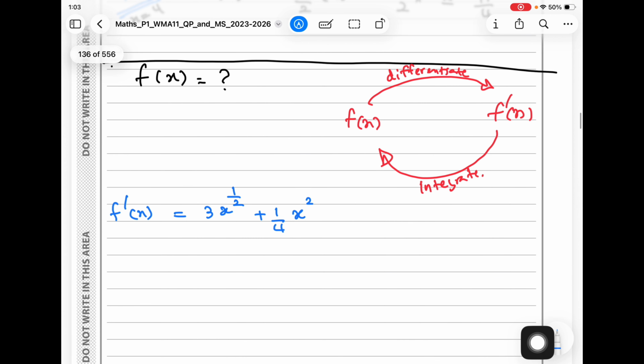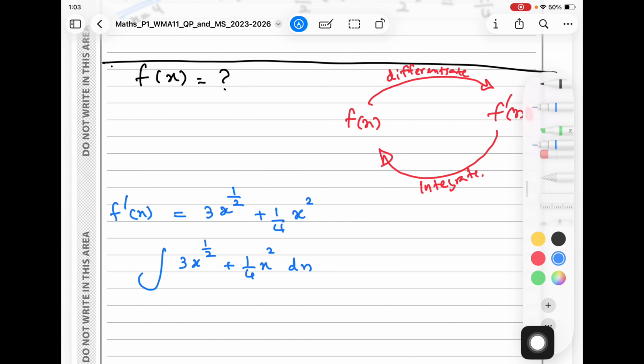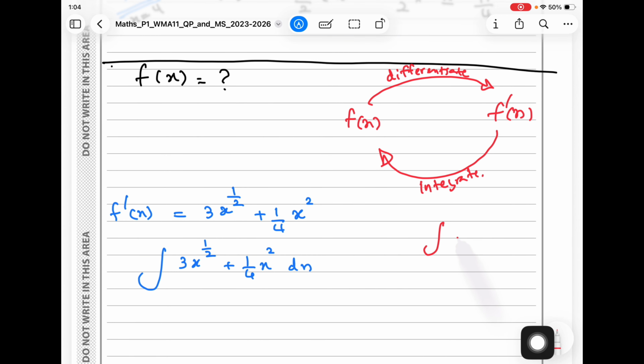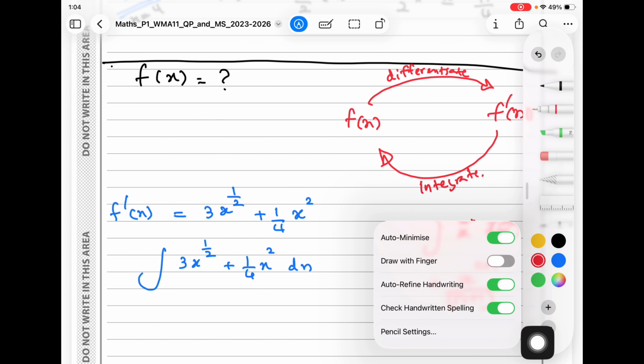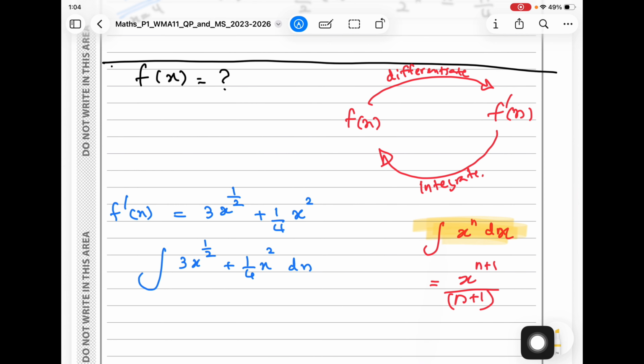If we want to take the integration of this, we know in integration we also have another common rule: if we integrate x^n dx, what we have is x^(n+1) divided by n+1. These are common knowledge.